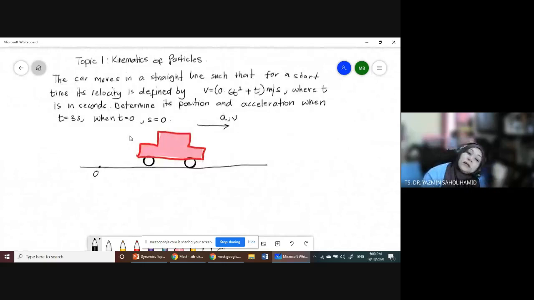Okay. The car moves in a straight line such that for a short time, its velocity is defined by v equals 0.6 t squared plus t meter per second, where t is in seconds. Determine its position and acceleration when t equals 3 seconds, when t equals 0, s equals 0.